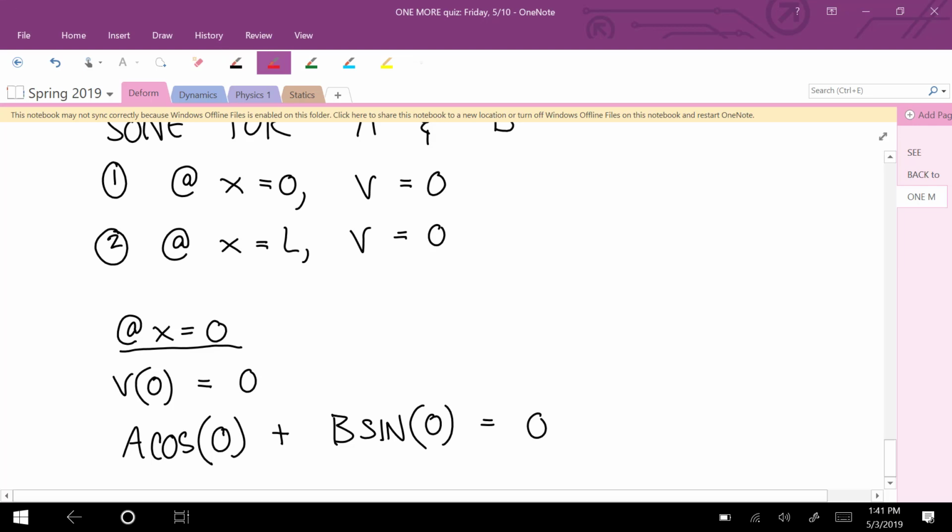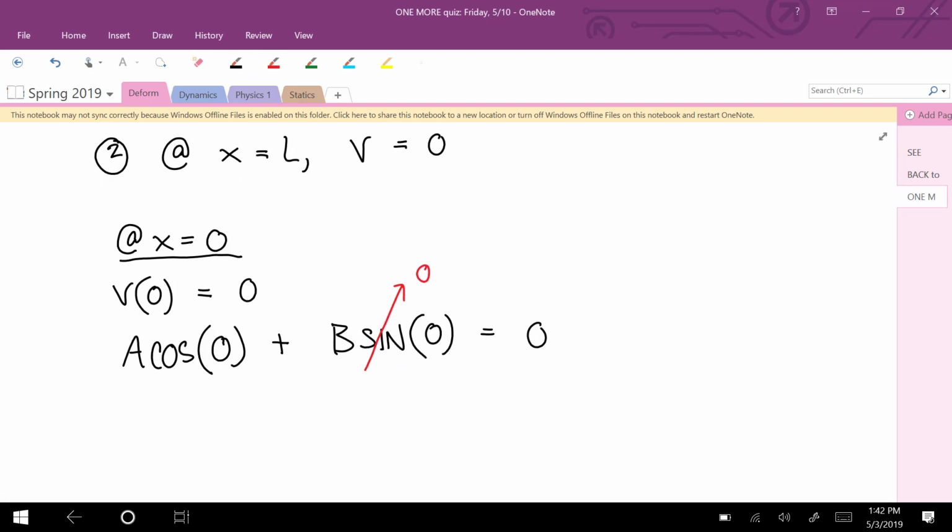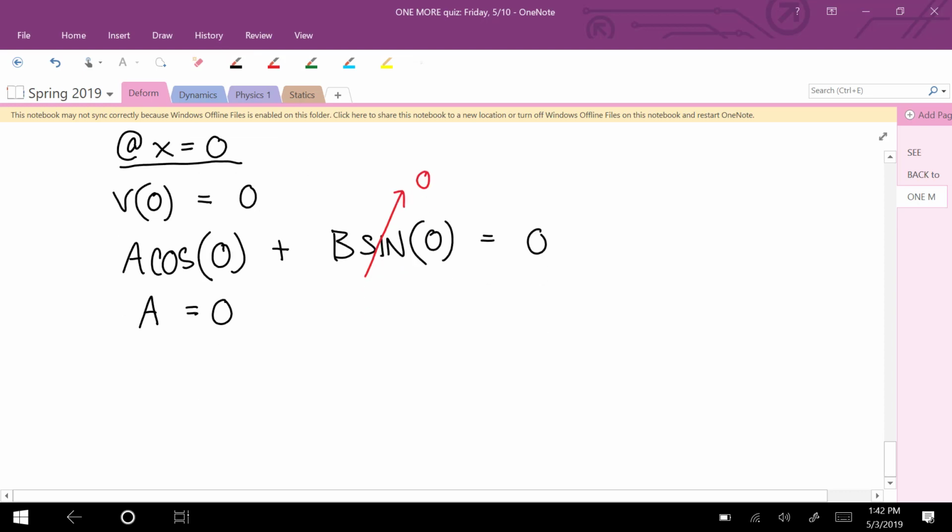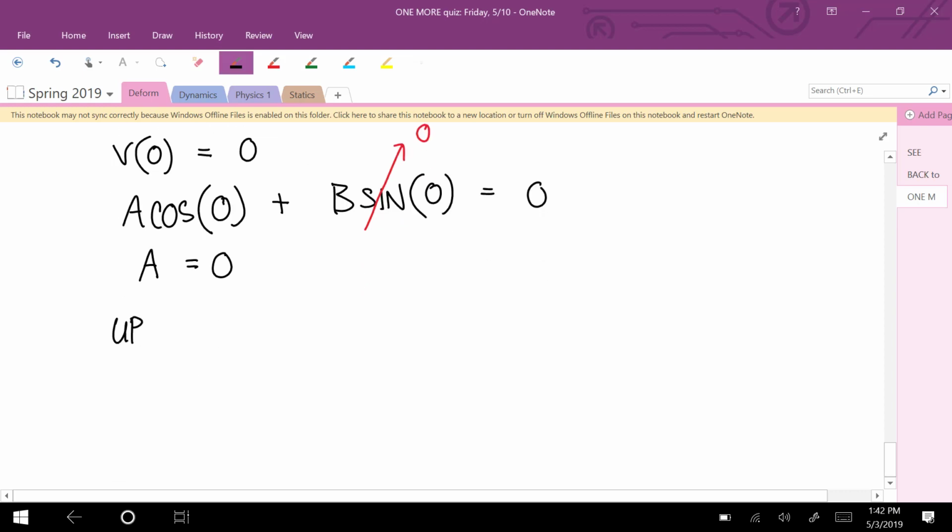This one goes away because sine of 0 is 0, so we don't know anything about B. But cosine of 0 is 1, so we have A times 1 is equal to 0, and so A is equal to 0. Okay. So we're going to update our general solution.